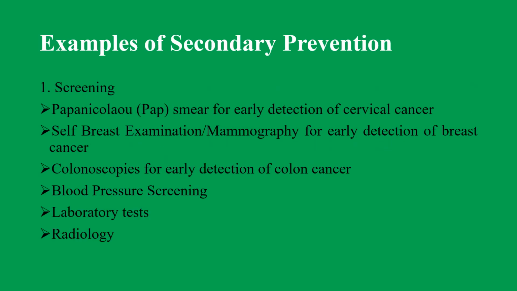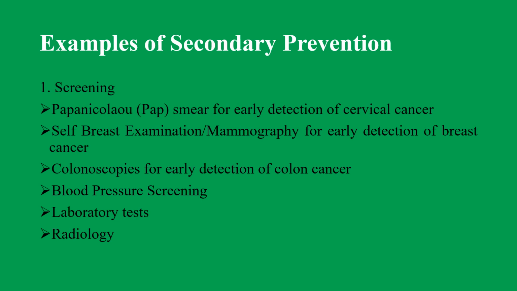So under secondary prevention, we have screening, and some of the screening activities that are done are like pap smear in detecting cervical cancer, self-breast examination or doing mammography to detect breast cancer.